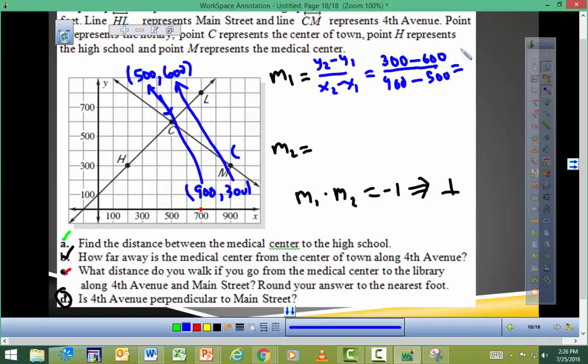Well, in this case we get negative 300 over 400. And so I think you can knock off the zeros, and so this equals negative 3/4. So that's slope number 1.